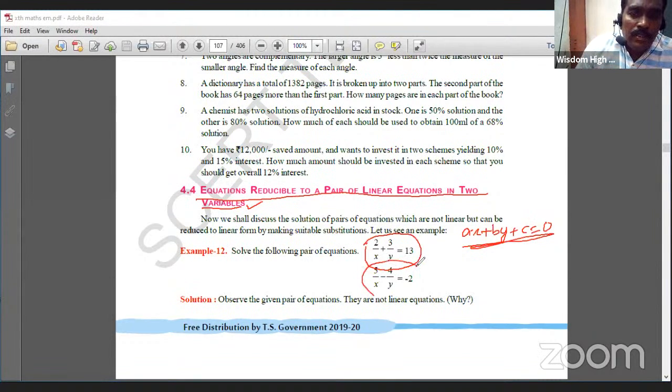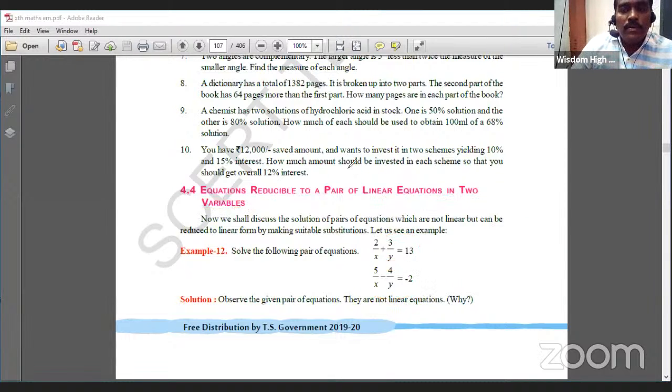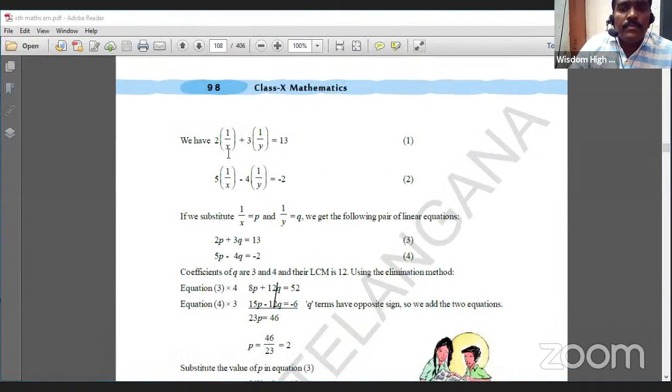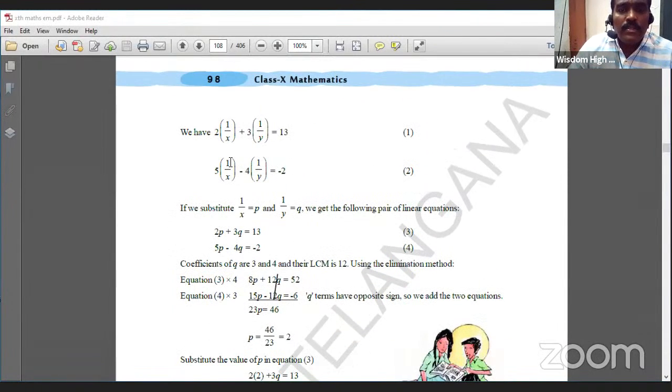These are not in the general form of linear equation. Now we have to reduce them into the general form of linear equation. How? Let us see now. This is the way of converting into the general form.